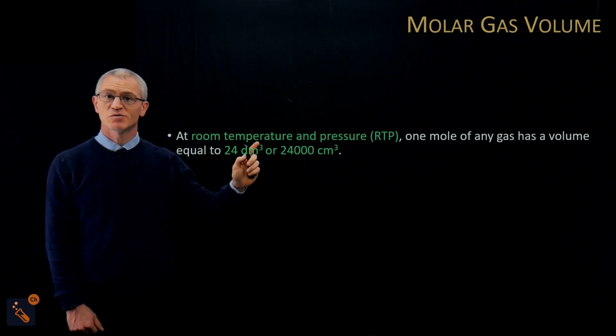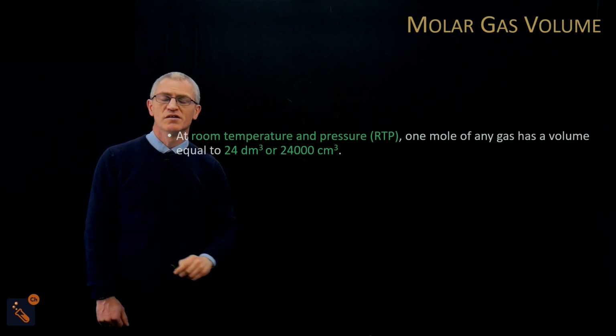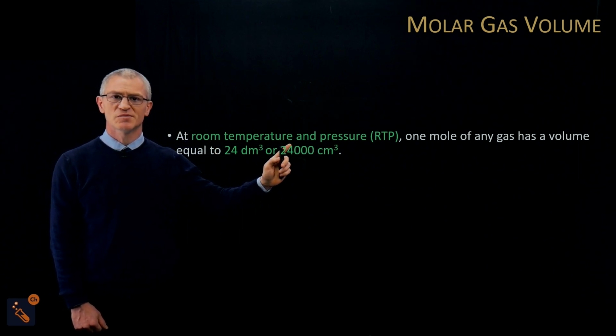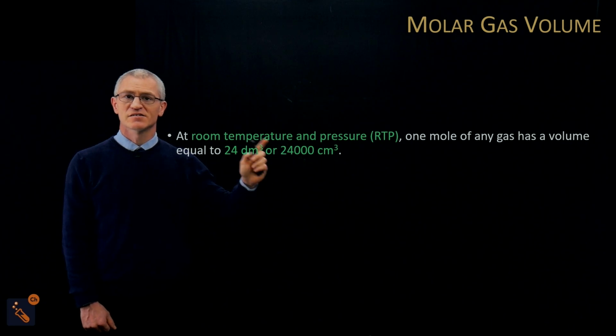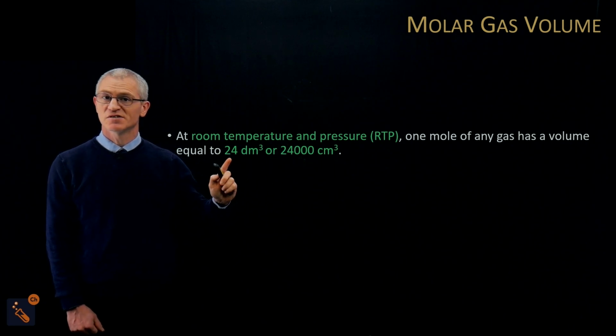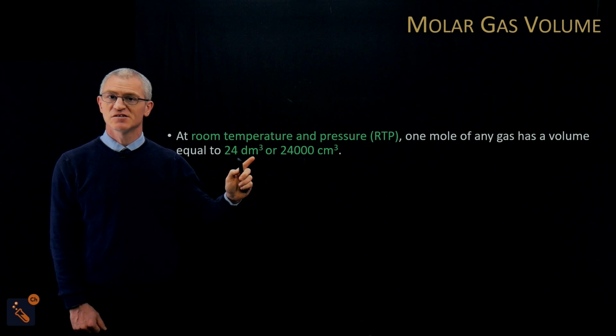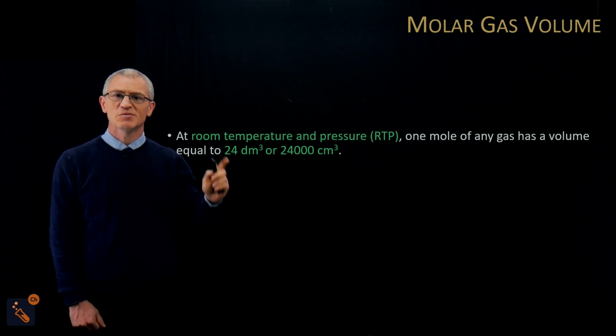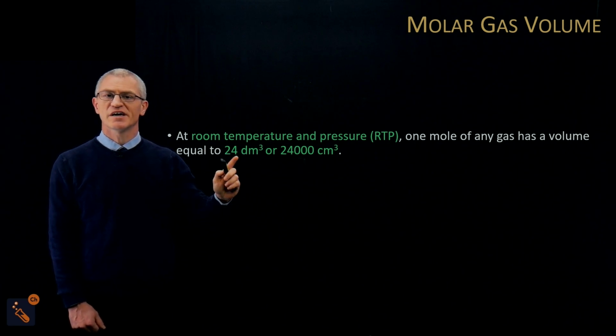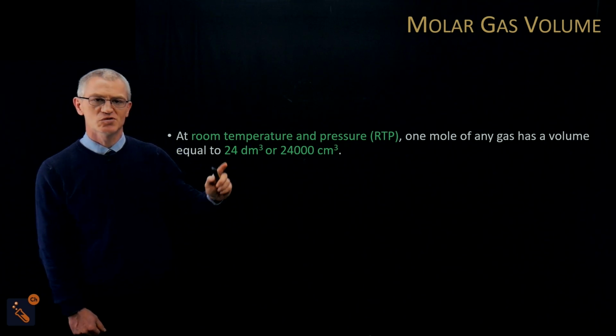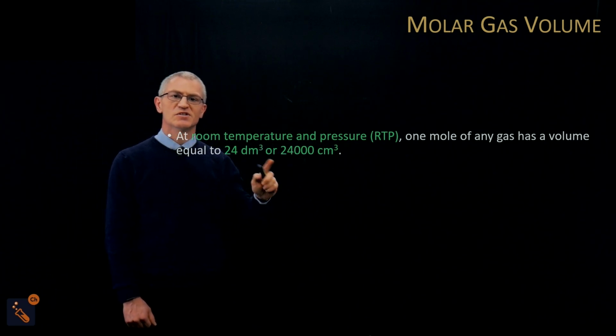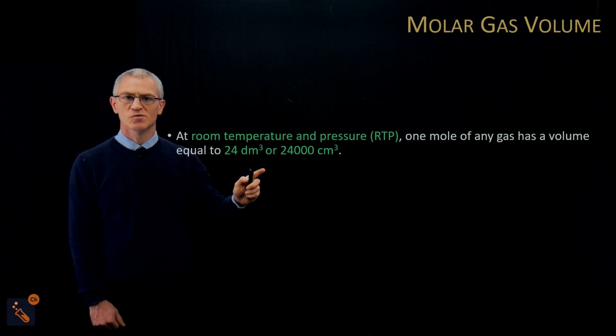Room temperature is usually about 20 degrees, room pressure is about 1 atmosphere. But if you see room temperature and pressure, 1 mole of any gas is equal to 24 decimeters cubed. Really important you know the unit. That means there'll be 24 decimeters cubed of that gas per mole of that gas.